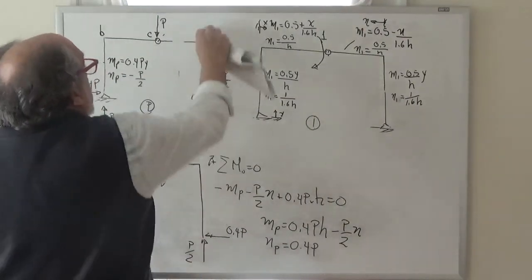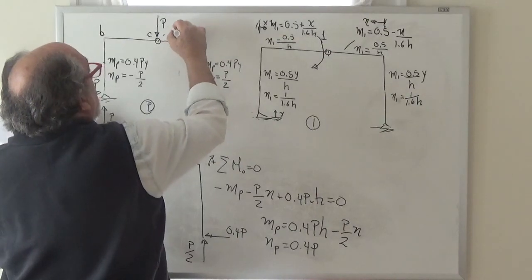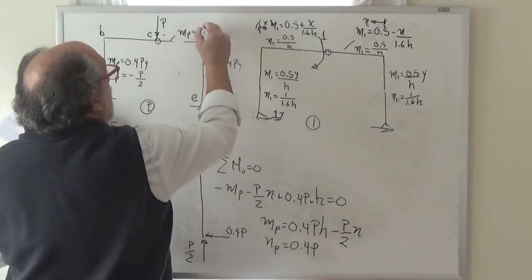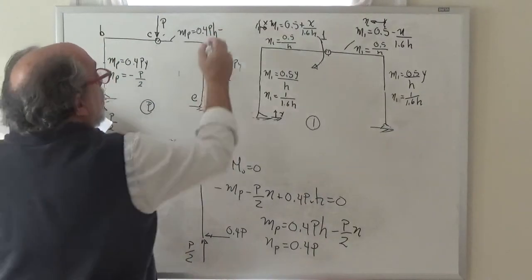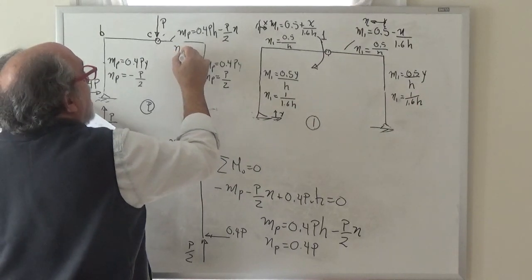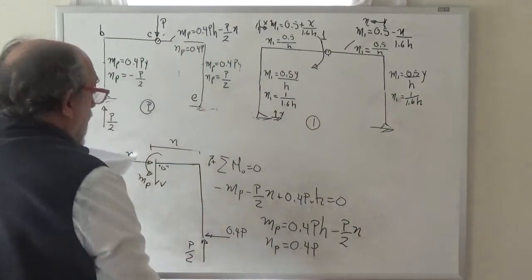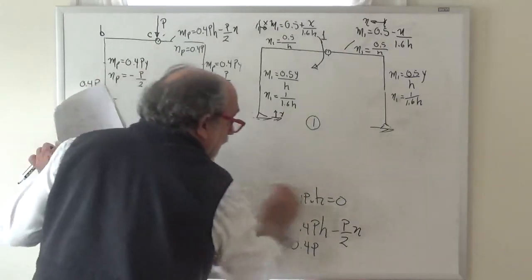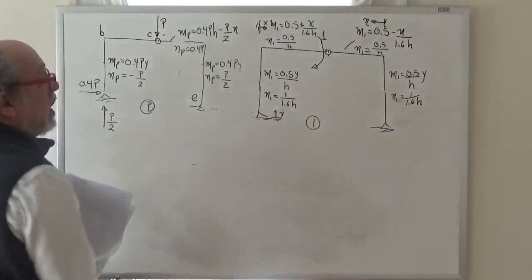I'm going to take them out and just put my MP here, equal to 0.4 PH minus P over 2 N, and my NP is 0.4 P. Okay, I will erase, and I am going to stop the video and create a new segment because it's probably already too long and might have an issue.